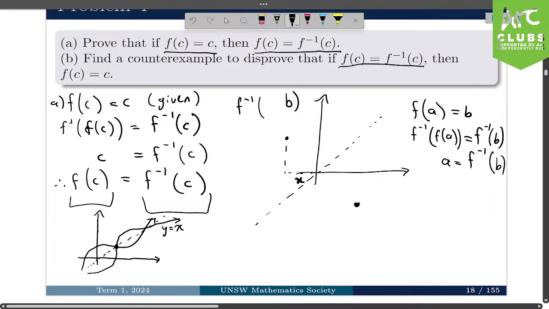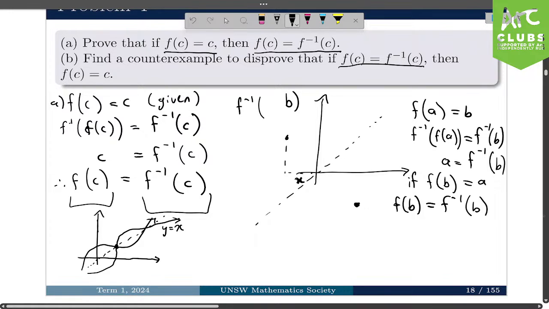So if f of b also equals a, then we get this result that f of b is equal to the inverse f of b. Okay? So any function that has this property where it has 2 points reflected across the line will have this property, okay?